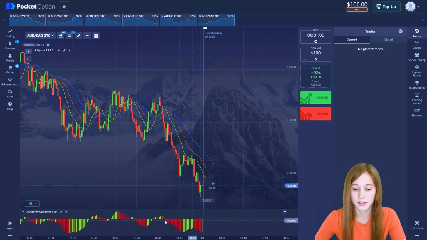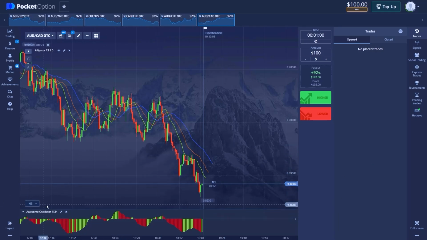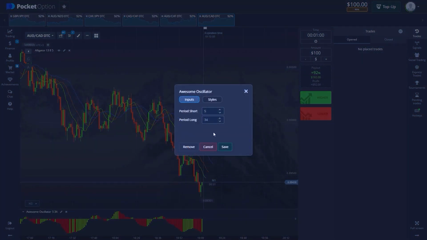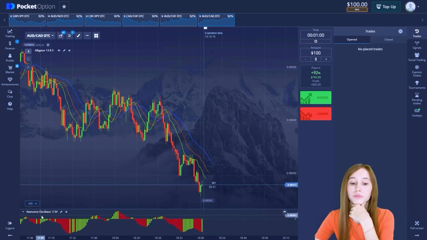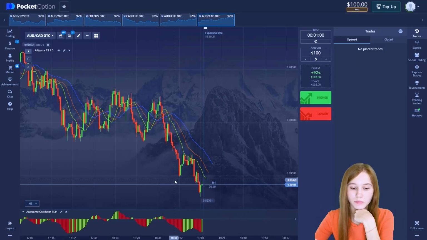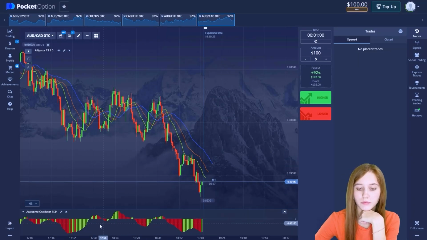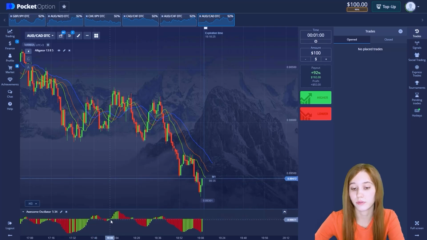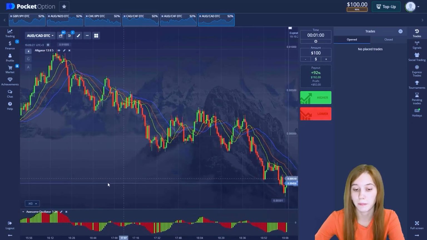And the second, the oscillator. You'll see some reversal like here, short-term reversals, but it's often used for this as well.